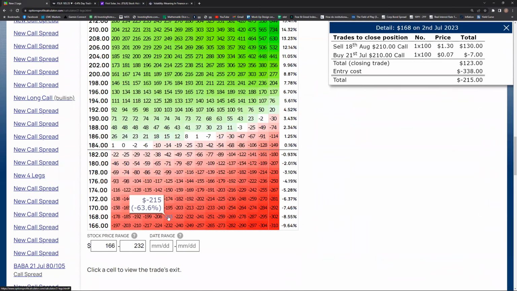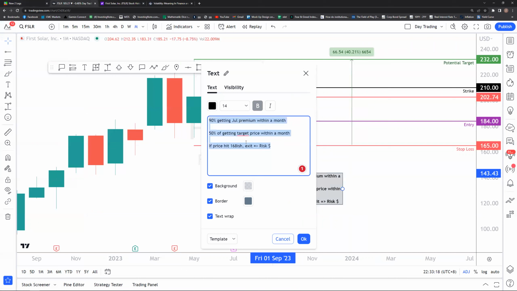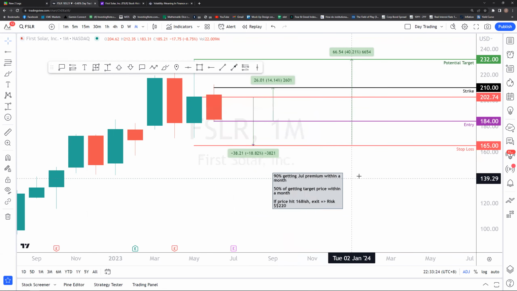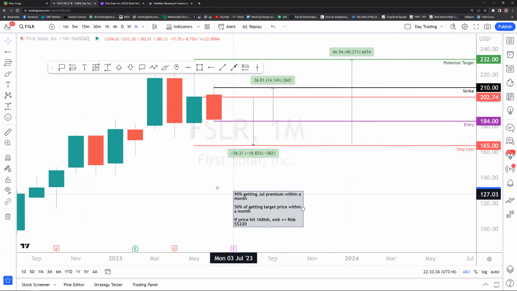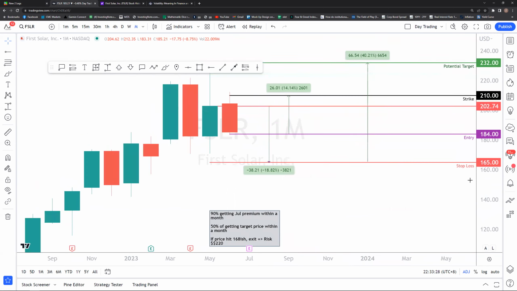The risk is about $200, like that. Okay, the risk is about $200. Let's put it at $220. Okay, the risk is about $220. So now this is actually our risk.